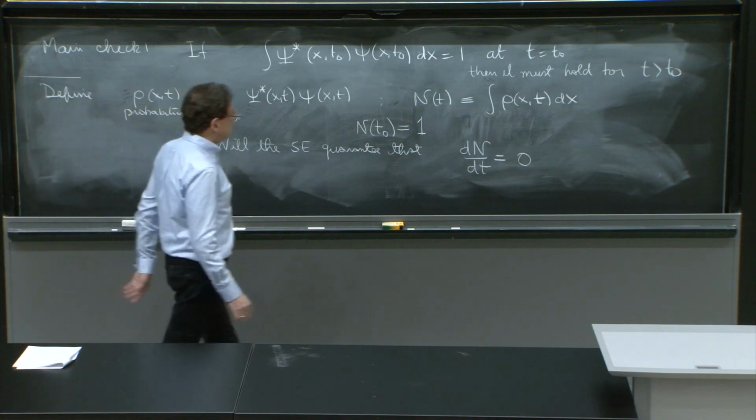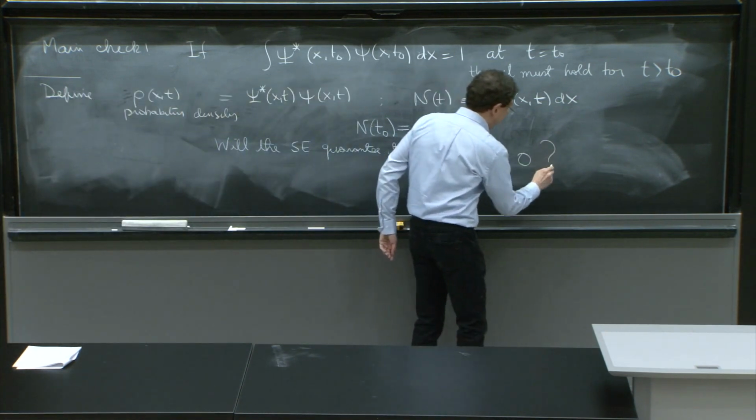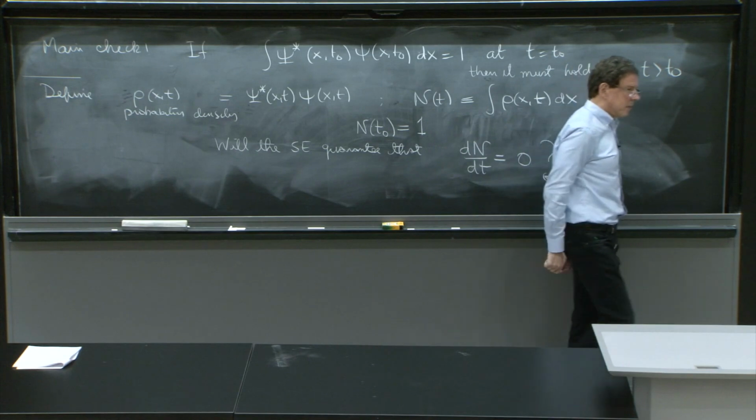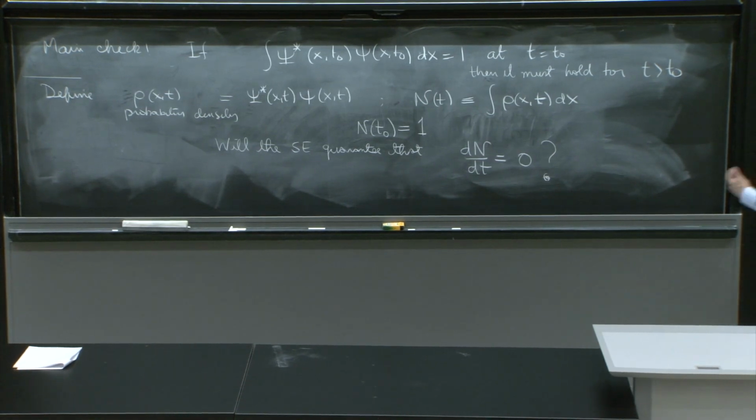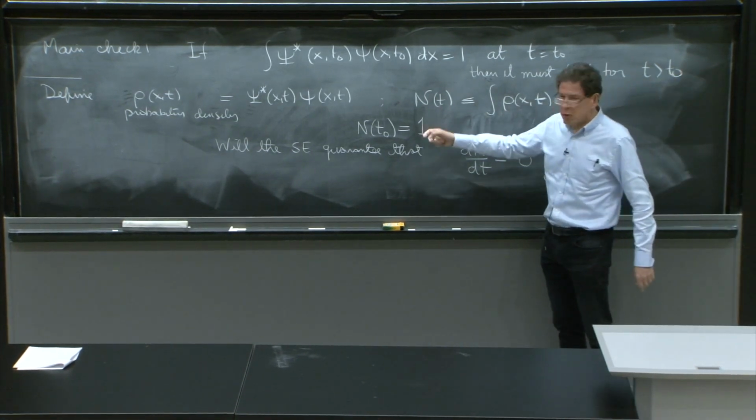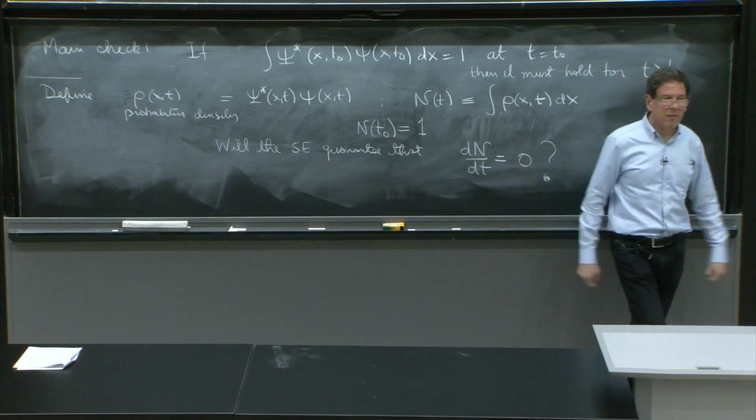Will the Schrödinger equation guarantee this? If the Schrödinger equation guarantees that this derivative is indeed 0, then we're in good business, because if the derivative is 0, the value is 1, it will remain 1 forever.